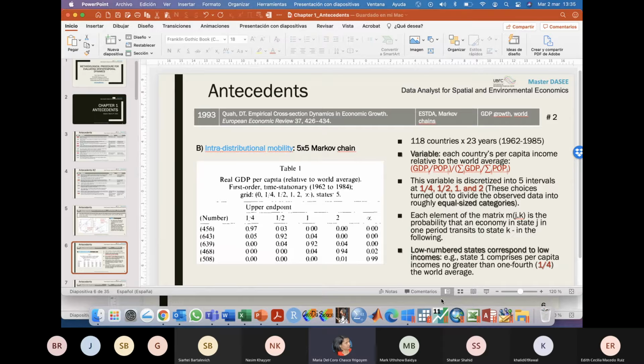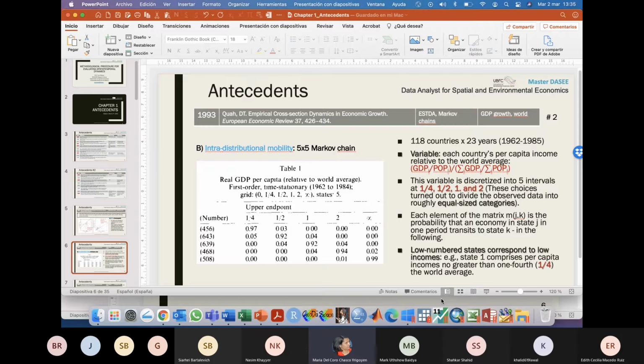In order to build the Markov chain matrix, this variable, per capita income, was discretized into 5 intervals in order to divide the observed data into roughly equal-sized categories: from 0 to 1/4, from 1/4 to 1/2, from 1/2 to 1, from 1 to 2, and from 2 to infinity, 1 being the situation of a country with the same per capita income as the world average.